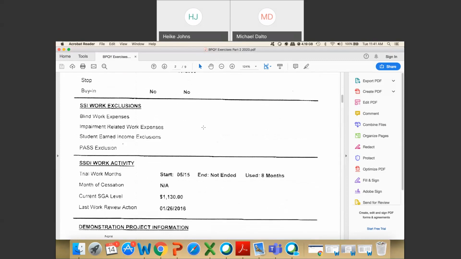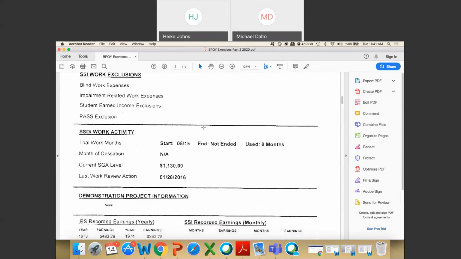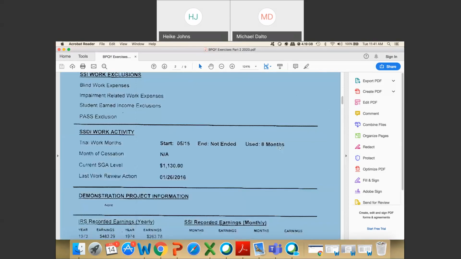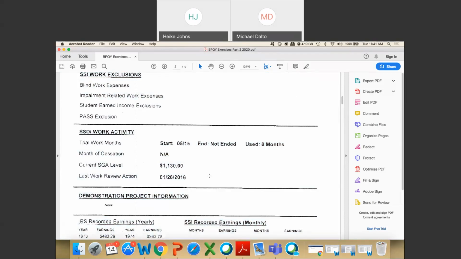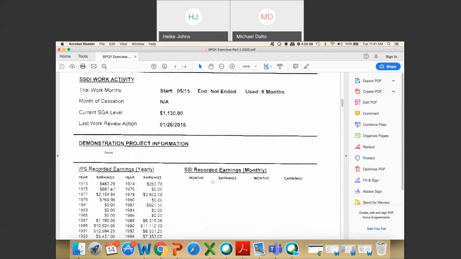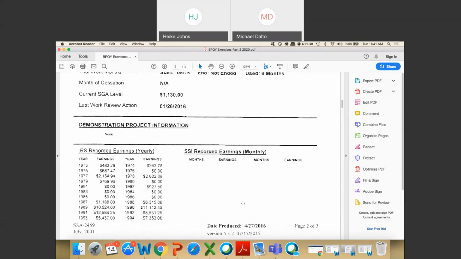You can see that trial work months started May 2015, haven't ended yet. They've used 8 months, according to the BPQY. Their last work review action was January 2016. And this BPQY was produced, the date at the bottom shows us April 27th, 2016.